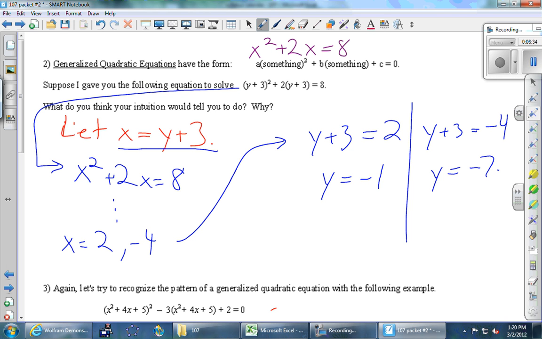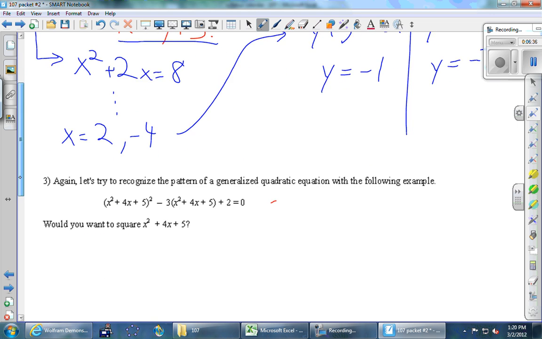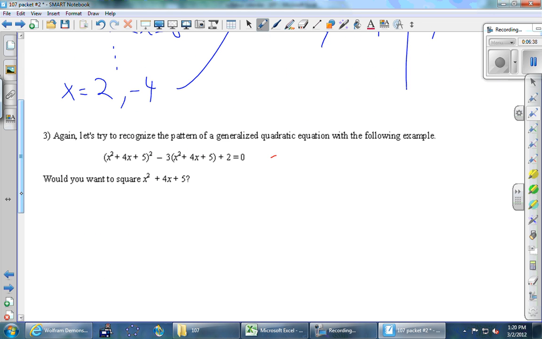For example, down here in the bottom, in number 3, take a look at the x squared plus 4x plus 5, squared. If you write two of those things next to each other, the word FOIL doesn't quite apply anymore, but you know how to distribute everything in the one parentheses times everything in the other.